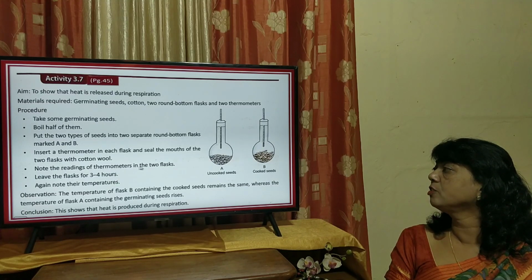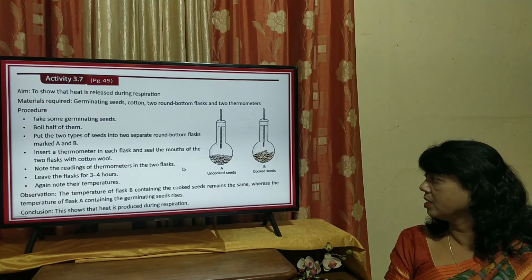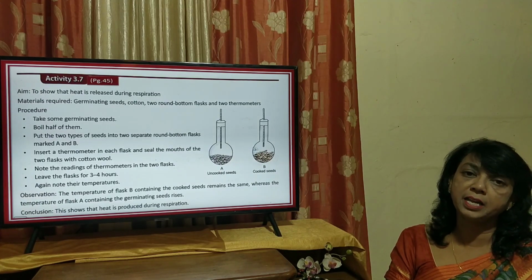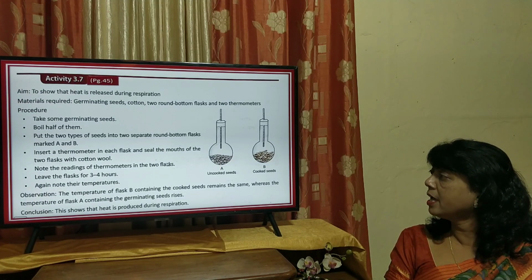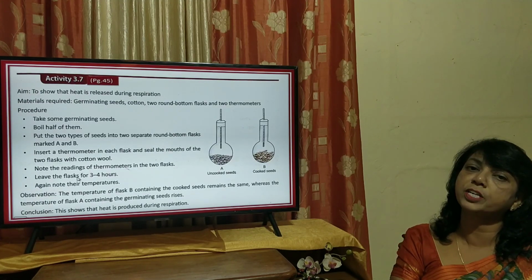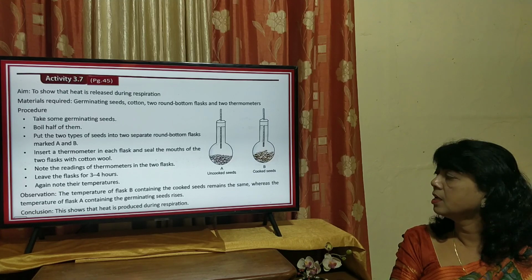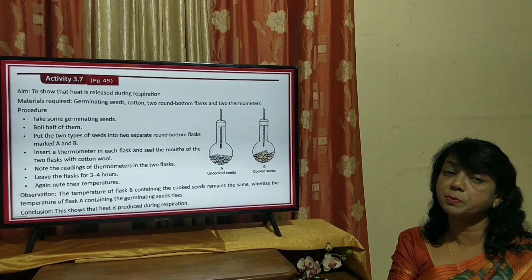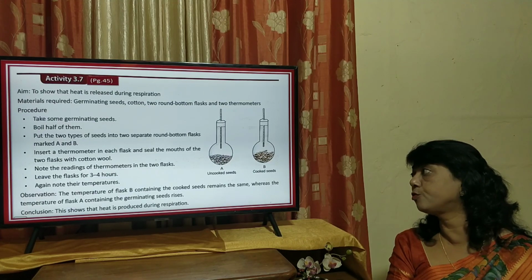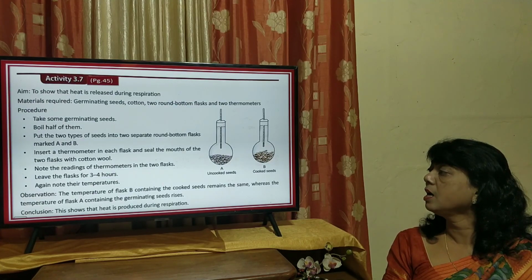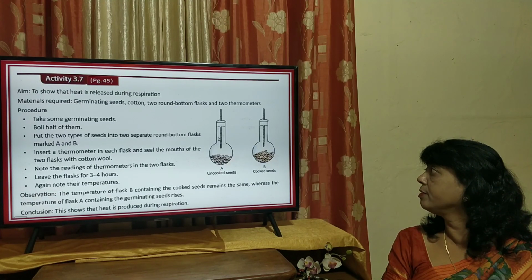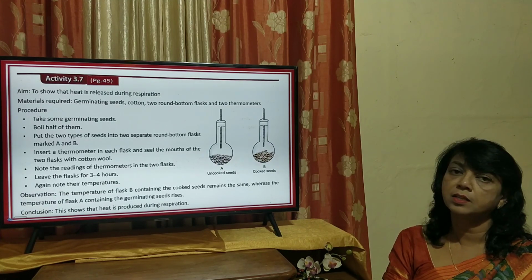Note the readings of the thermometers in the two flasks. We will initially note the reading in both the thermometers and leave the flasks for 3 to 4 hours. We are doing this so that the process of respiration takes place for 3 to 4 hours. Again note their temperatures. After 3 to 4 hours we will note the rise of mercury in these thermometers.